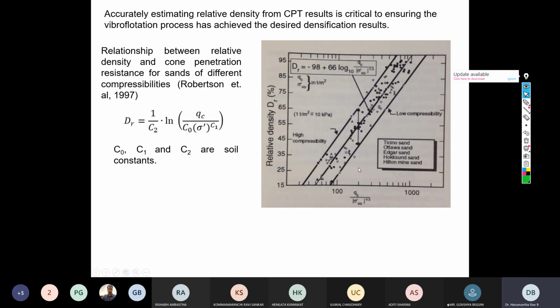So how do you use this chart? Once the ground has been improved by adopting the vibro flotation technique, on the post-compacted ground you conduct a CPT test and keep on getting the results of the cone penetration. Normalize this with the initial overburden pressure, that is sigma V naught dash.